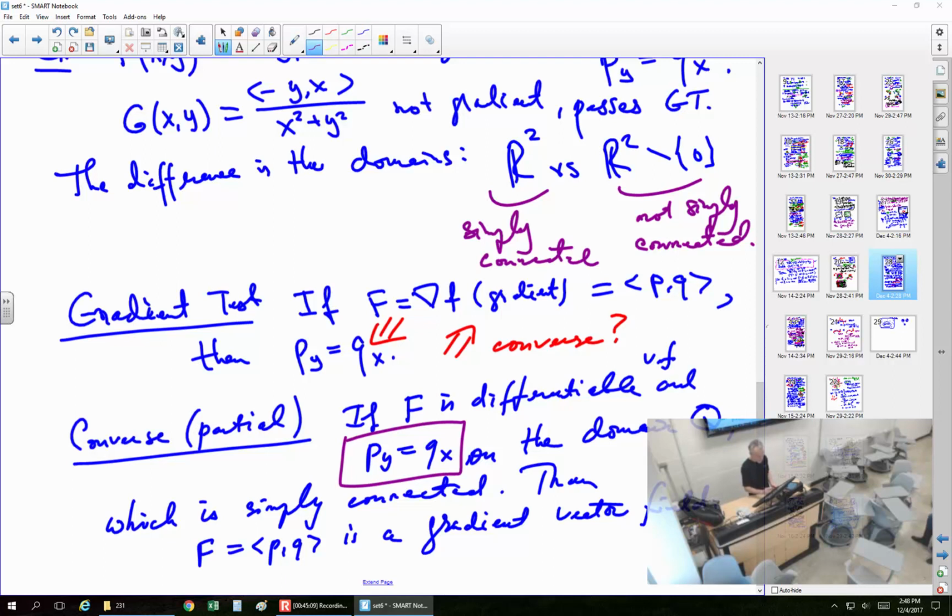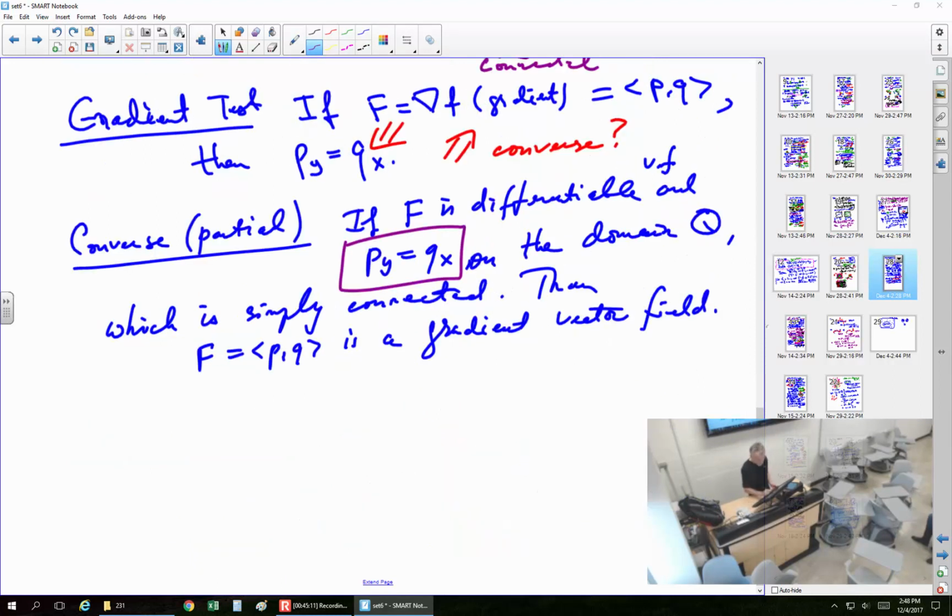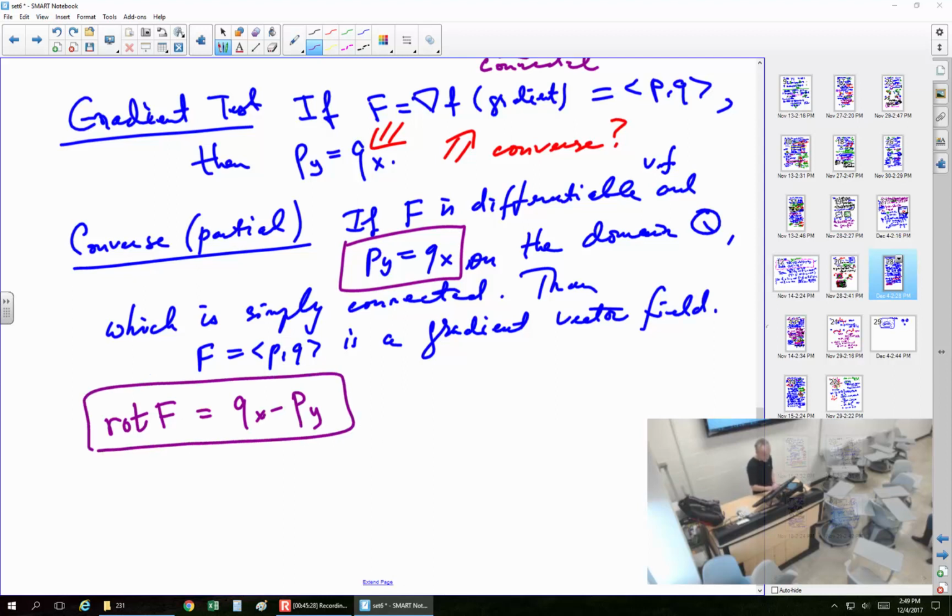What helps to deal with that is remembering the concepts of the rotor and the curl. For the rotor it's easy because it is just a function of 2 variables. For the curl, which I don't want to repeat, it is a vector field, and the components are like this.